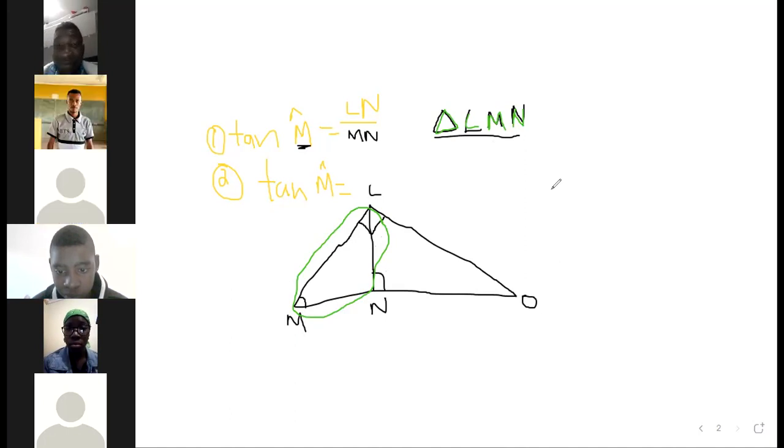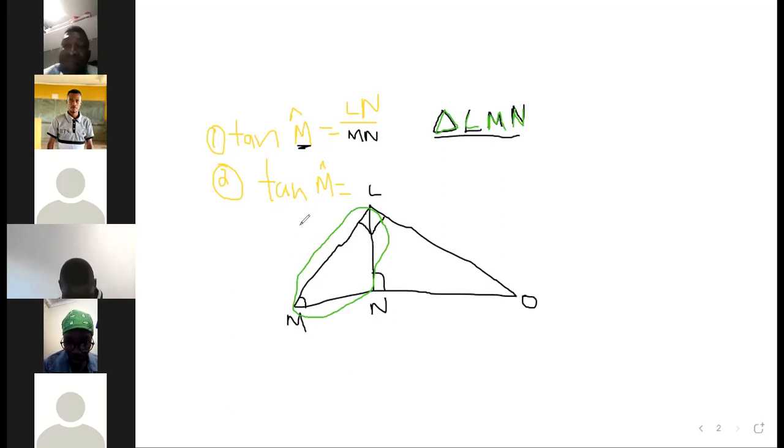Bokang, you have a question? Okay. Fine. So any question? Anyone that can see the diagram? Okay, it's fine, we can move on. So in this triangle, tan M, it's this side over that side.